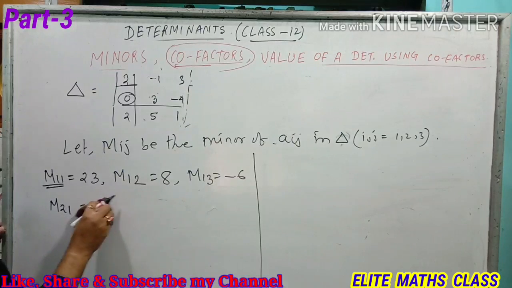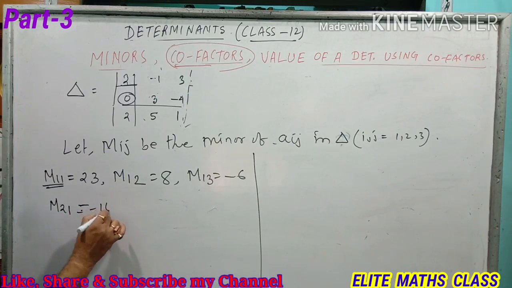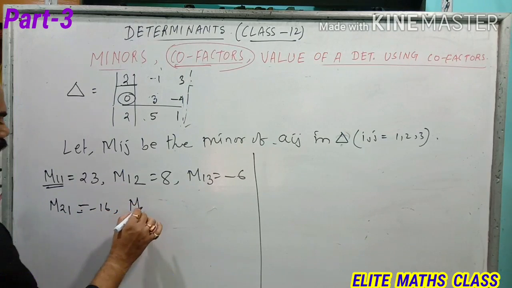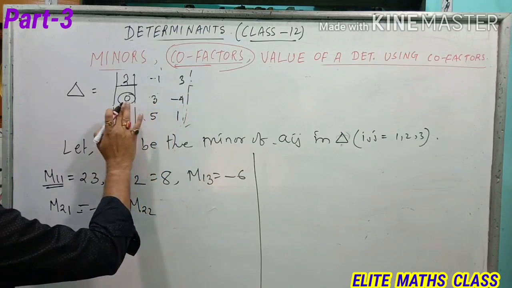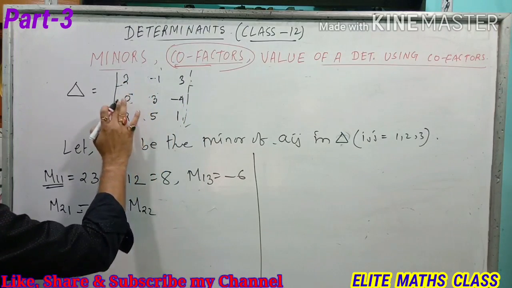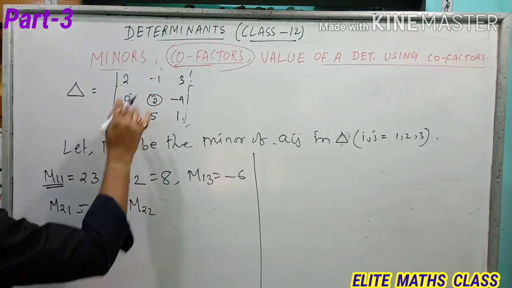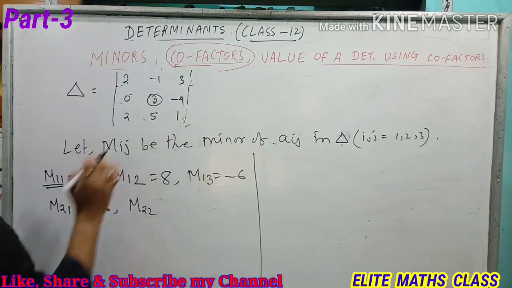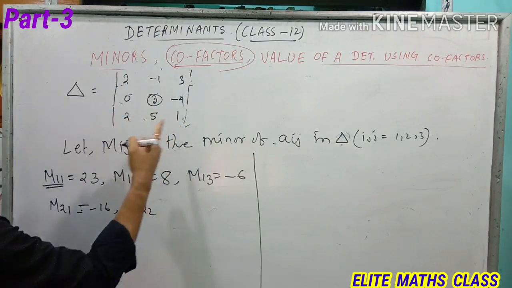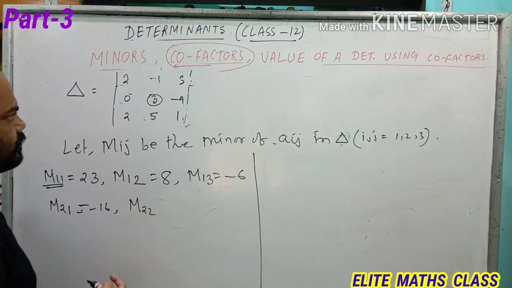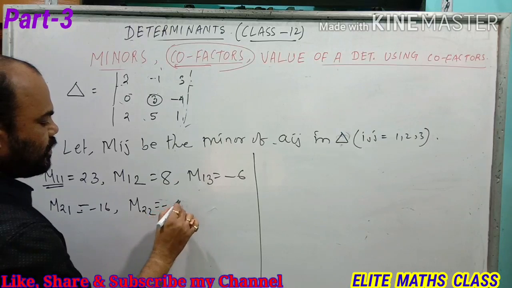So simply write the value, it is minus 16. Similarly, M22 means the middle element. This one, second row, second column. What remains? These 4 elements. So what will be the value? 2 into 2 minus 6. It will be minus 4.